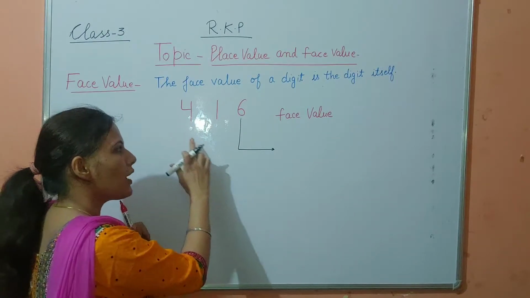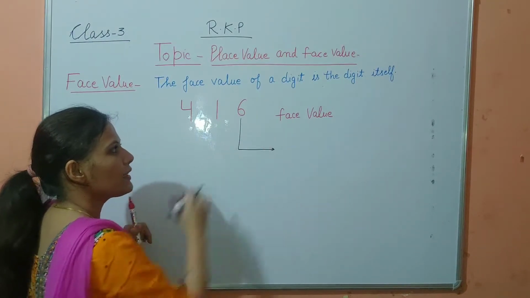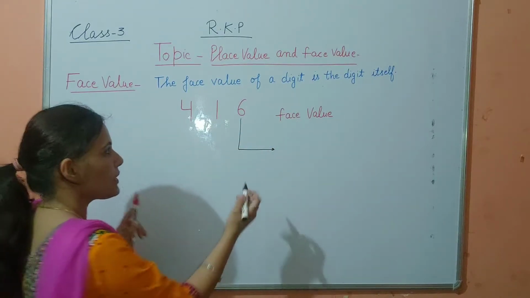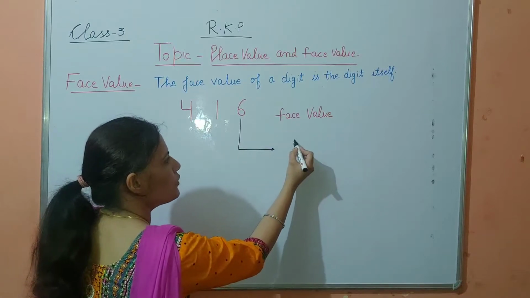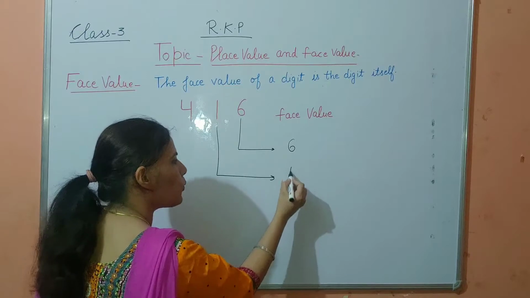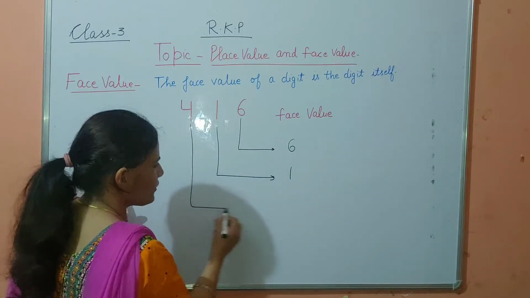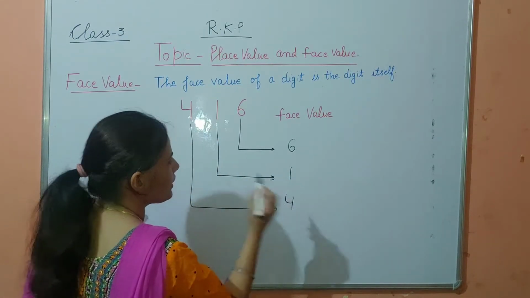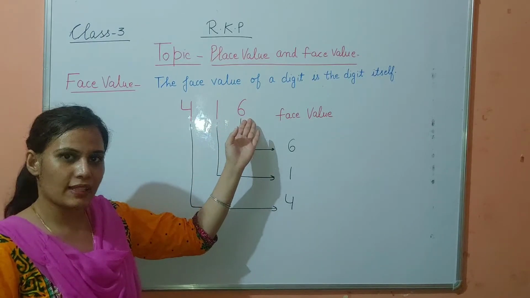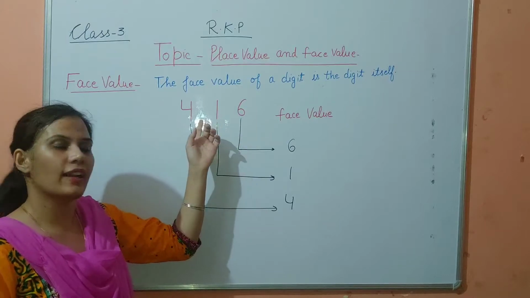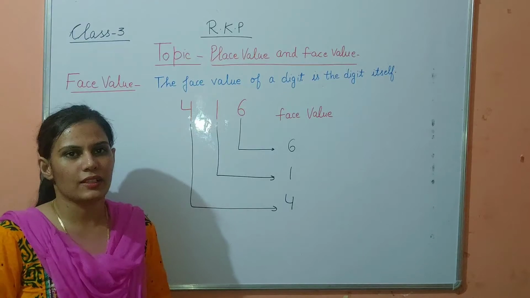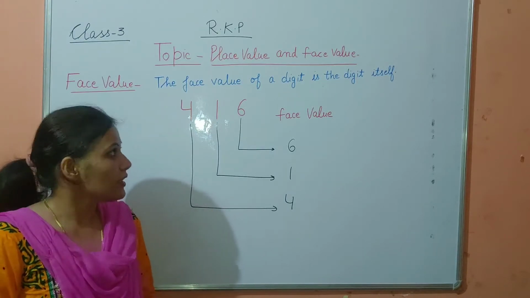But if I want to know the face value, then the face value of a digit is the digit itself. Means 6 has the face value 6, the face value of 1 will be 1 and the face value of 4 will be 4. It doesn't matter whether it is present at 1's place, 10's place or 100th place. The face value of any digit will be the digit itself.